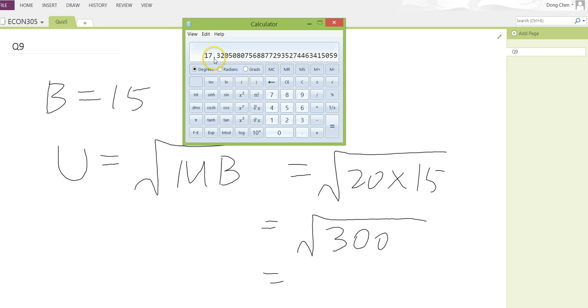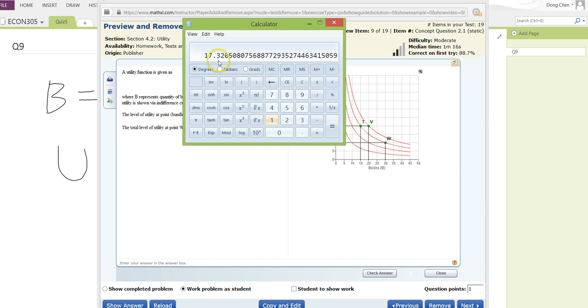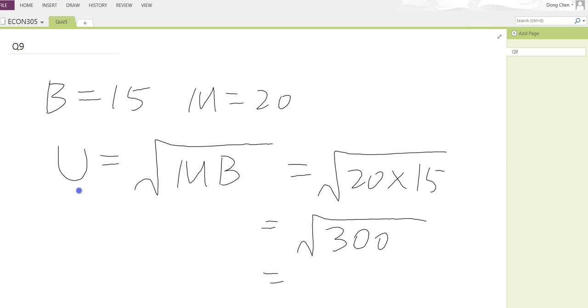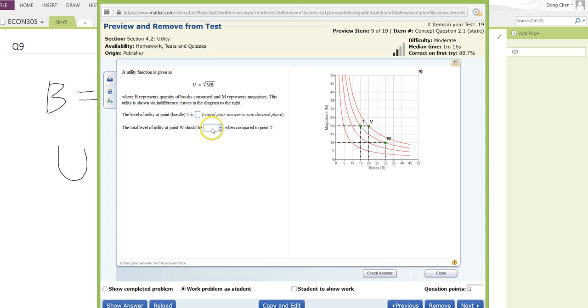So this gives me 17.32. Let me see whether the setup asks to round your answer to one decimal place. So what I should write down is 17.3. Alright, so let me put down that number.